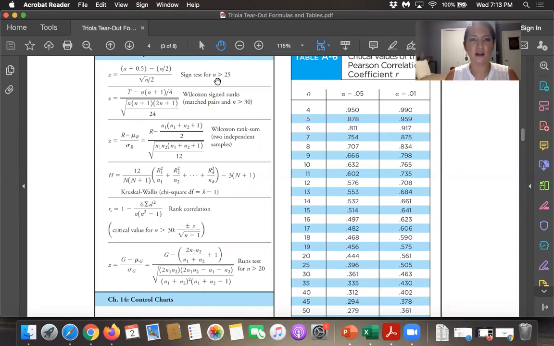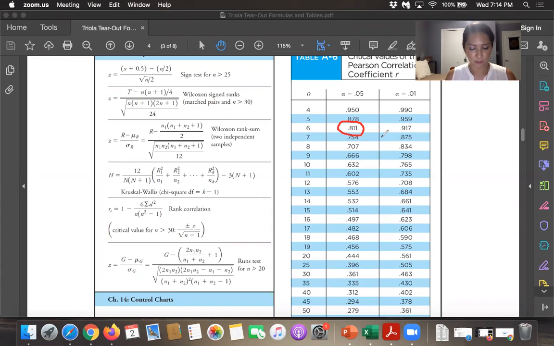Here we go, and I want to draw on this. So if n is equal to 6 and alpha is equal to 0.05, it looks like our positive critical value of r is 0.811. Now we have 2 critical values because the null hypothesis is that there's no correlation. The alternative is that there is a correlation and we don't care if r is too high or too low.